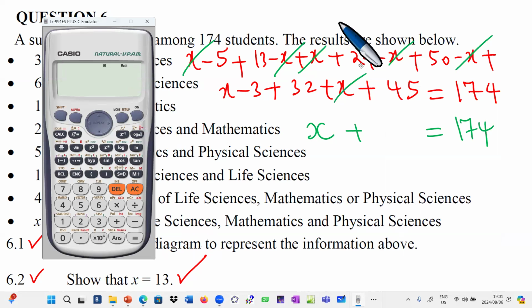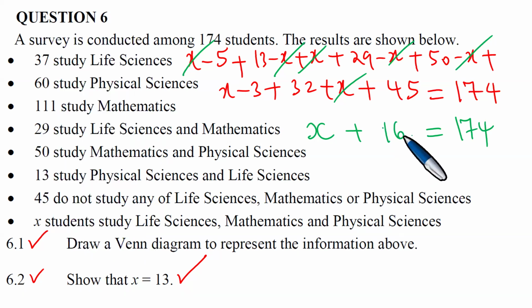All right, so let's do this. So now we start and say minus 5 plus 13 plus 29 plus 50 minus 3 plus 32 plus 45, which is exactly 161.